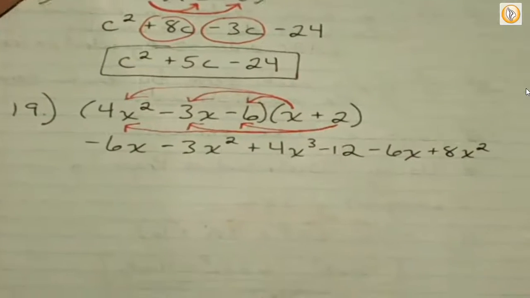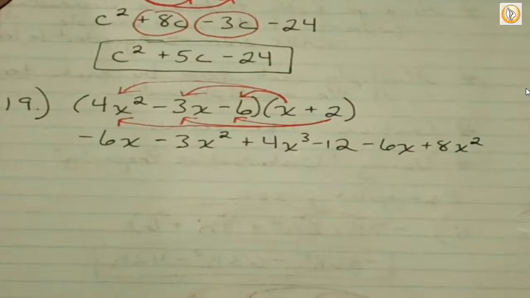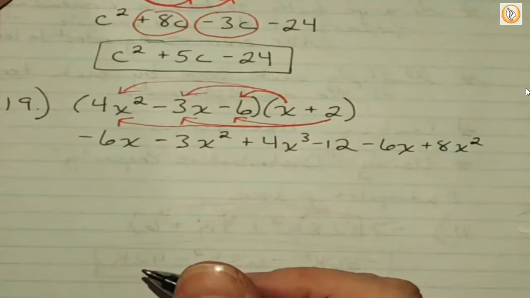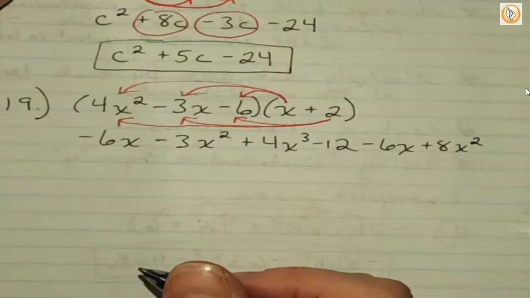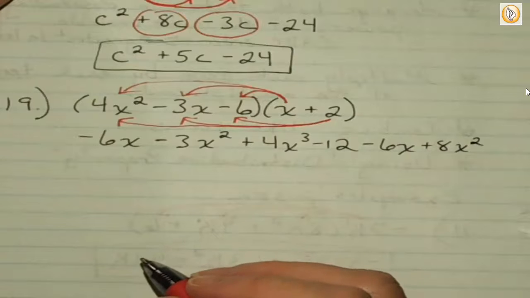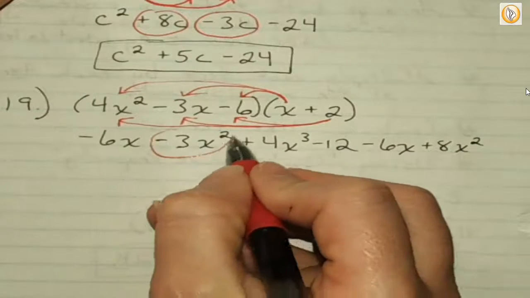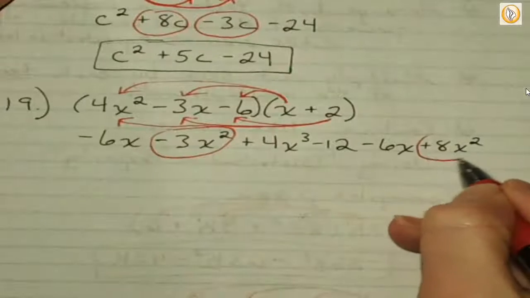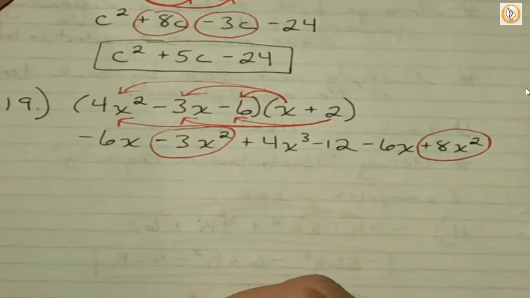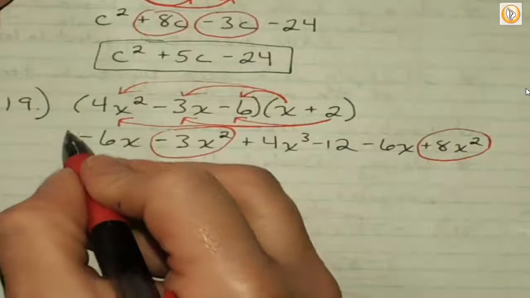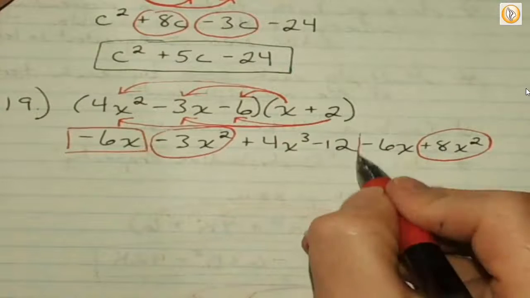Okay, now we have to combine like terms. So, Aiden, what terms can be combined? Negative 3x squared and positive 8x squared. And Michael, what other terms can be combined? Negative 6x and negative 6x.